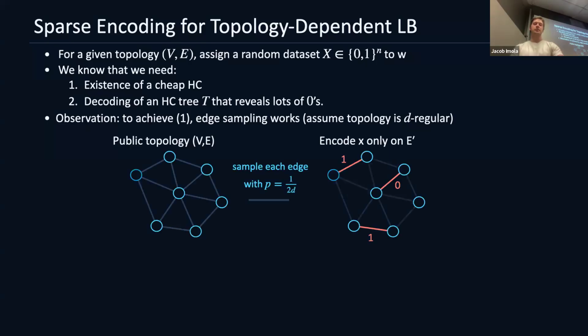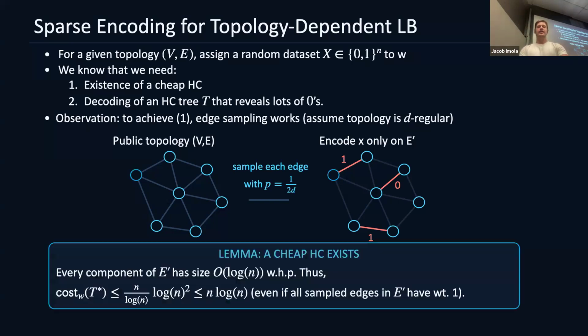The way our encoding works is we downsample the edges with probability 1 over 2d, and then we only encode the data set on the sampled edges. So only on these red edges are we going to encode 0 or 1. Now you can show that with this downsampling, every connected component in the graph has size log n.